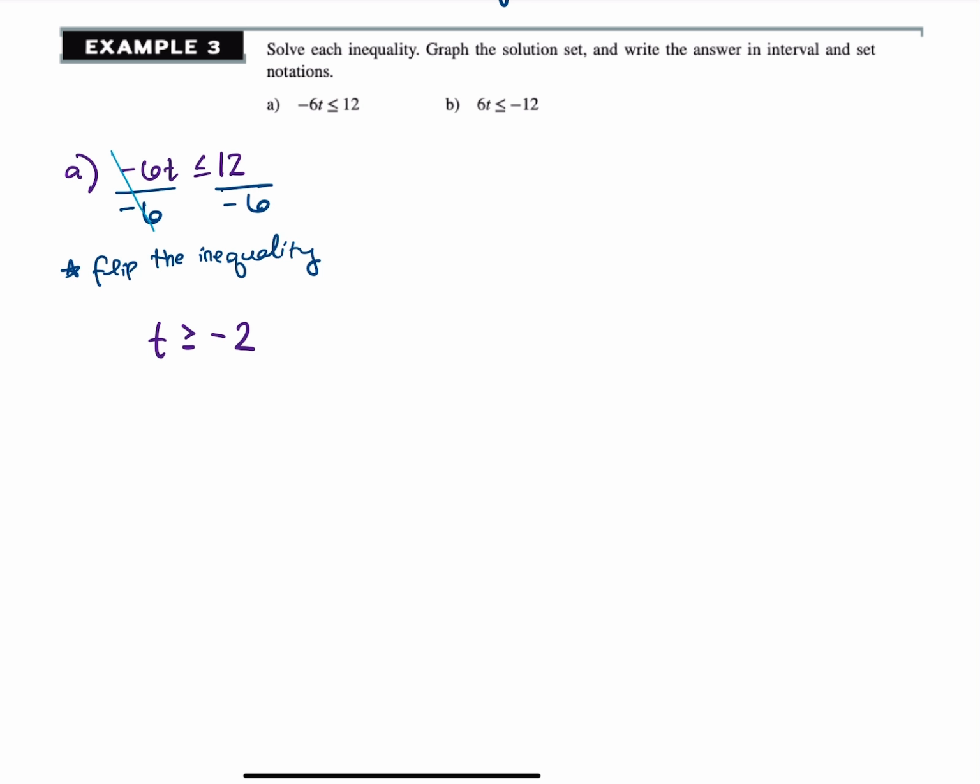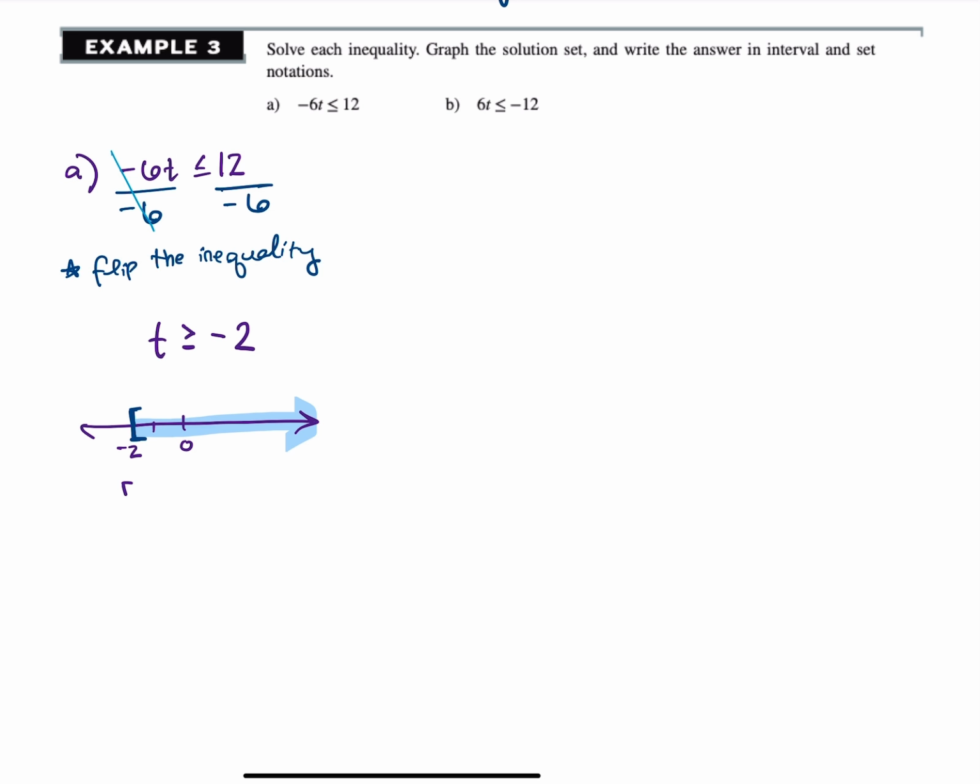It wants us to graph and write the solution in our two notations. So negative 2 would be over here if this is 0. And I'm greater than or equal to, so I'll use a bracket. And I would fill in everything to the right. So everything greater than or equal to negative 2.